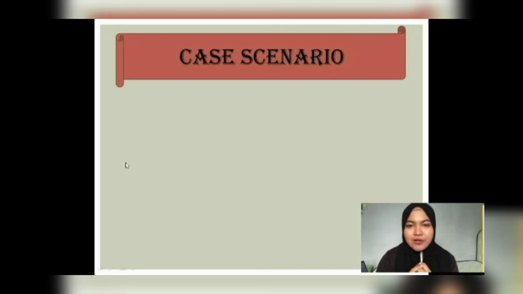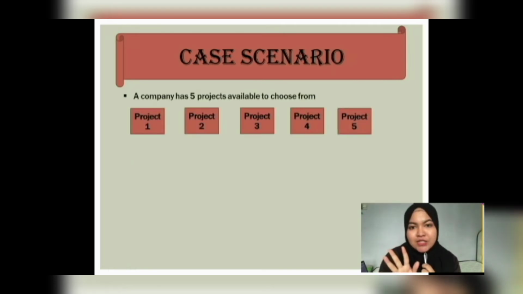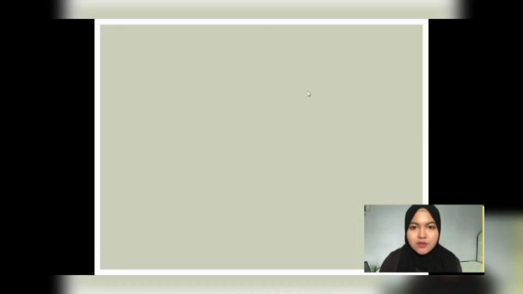Okay, now let's look at a case scenario. Suppose that a company has 5 available projects to choose from, and we can define their decision variables as follows. xi equal to 1 when the project is selected, and xi equal to 0 when the project is not selected, where i equals 1, 2, 3, 4, and 5.